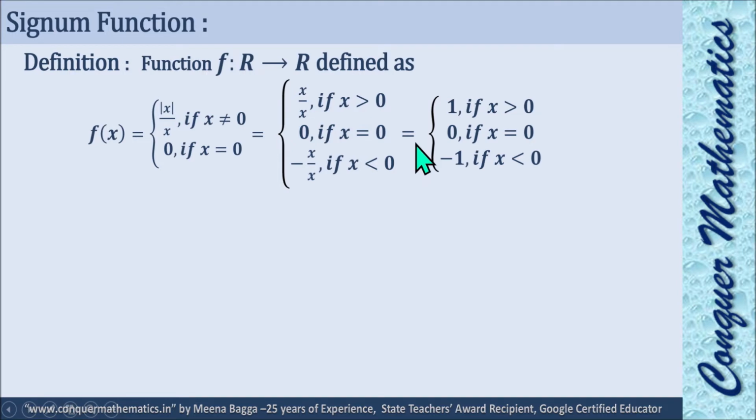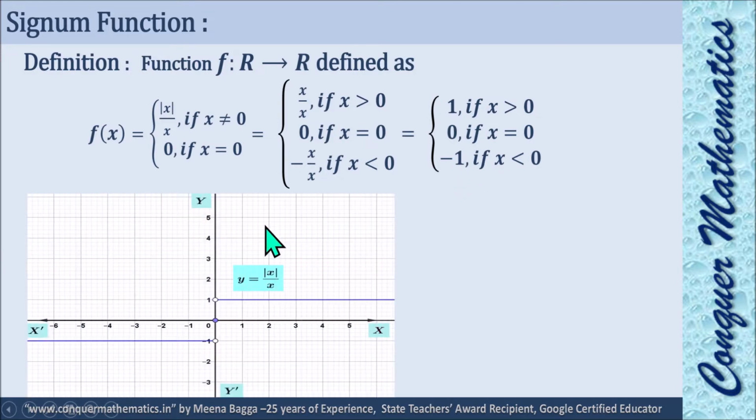Now its graph. You can easily see when x is 0, it is 0. When x is positive, it is 1, constant for all values of x which are positive, right? And for all negative values of x, it is minus 1. So its graph is also very simple. At 0, the value will be 0; we have put a circle and filled it. For the right side, that means for all values of x greater than 0, this would be 1, a constant function.